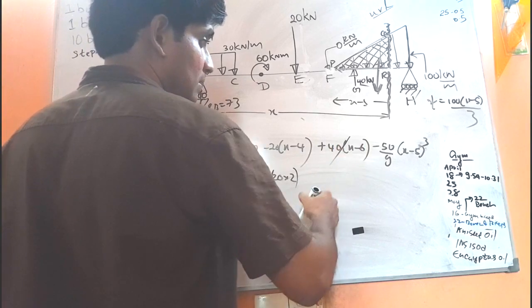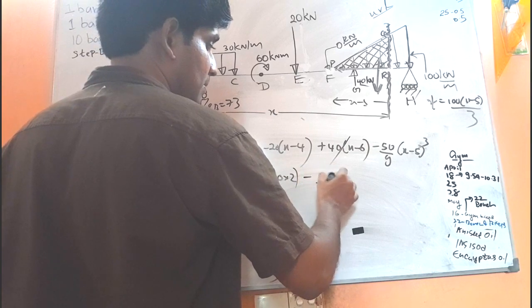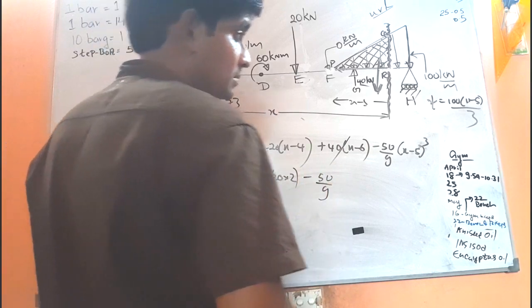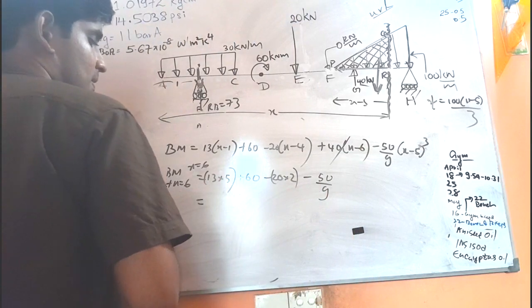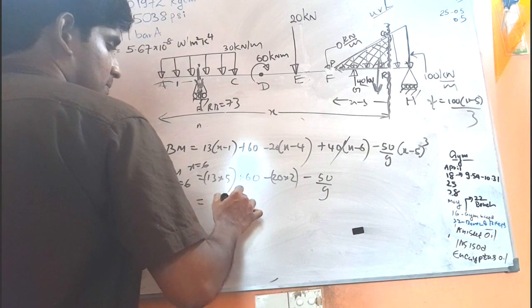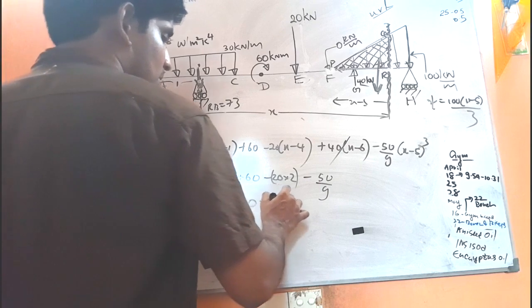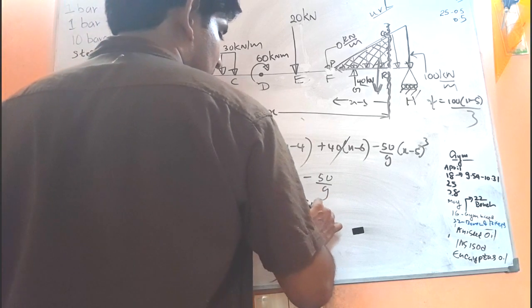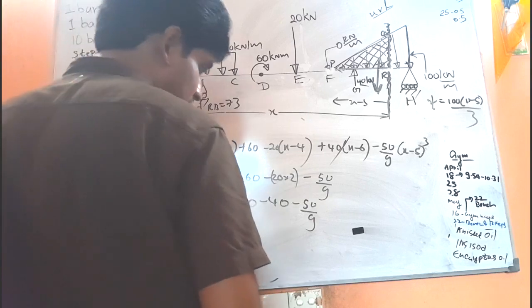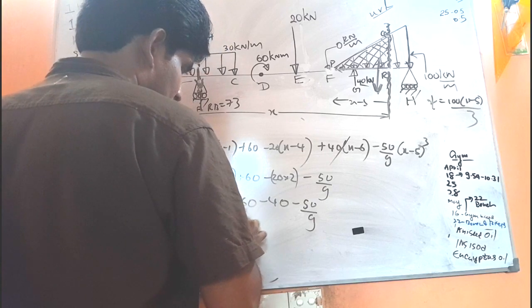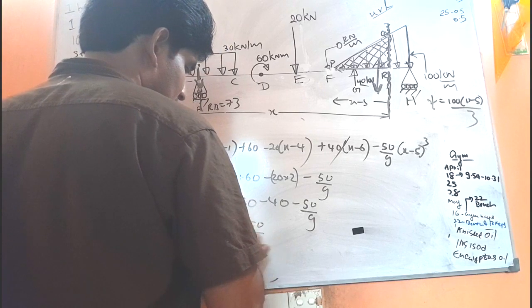This will cancel. Minus 50 divided by 9 times x minus 5, where x equals 6 means this side is 1. 13 into 5, how much? 65 plus 60 minus 40 minus 50 divided by 9. 60 minus 40 is 20. 85 minus 50 divided by 9.